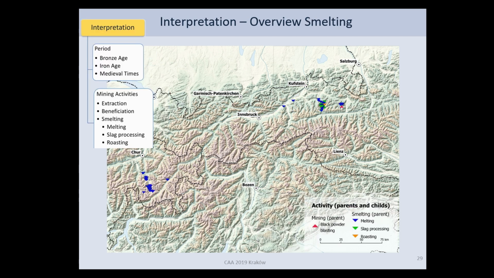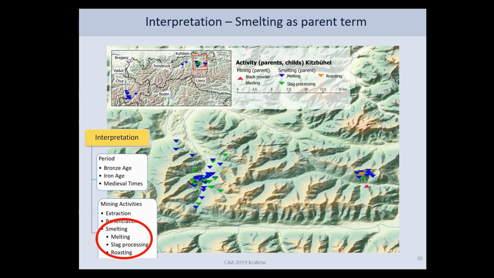Then we also have an overview of the ancient activities which were done at these sites. For example, here we have smelting, divided into melting, slag processing, and roasting. One advantage of this data representation is that I can query the upper terms.